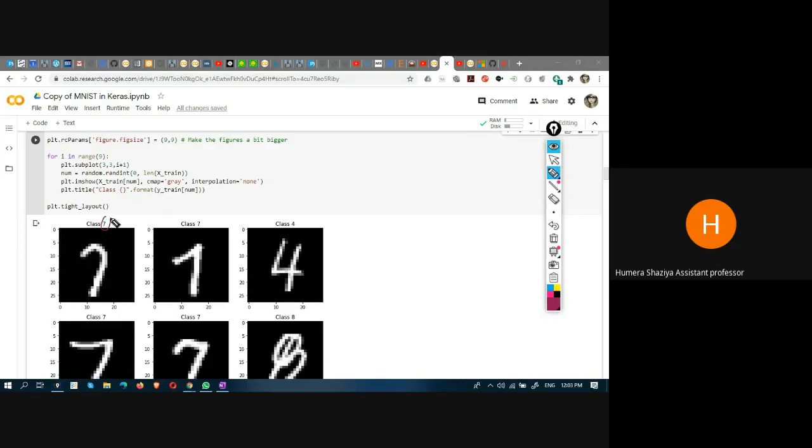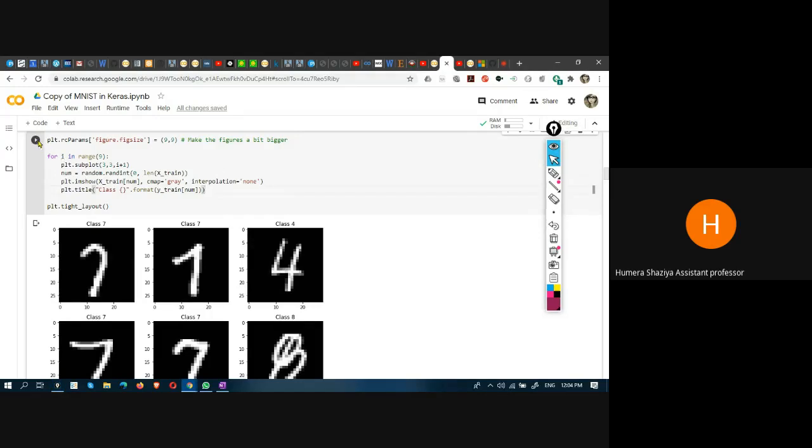This is y train, its class. X train is this image, entire image. And PLT dot tight_layout means they should be closer to each other. Do you understand this, students? So you are printing this.